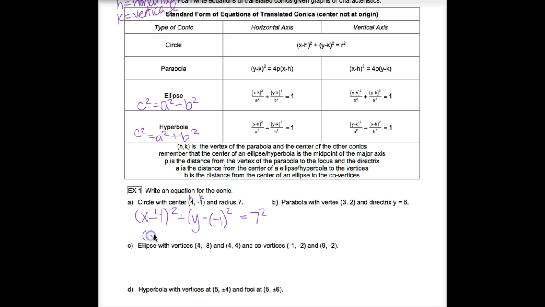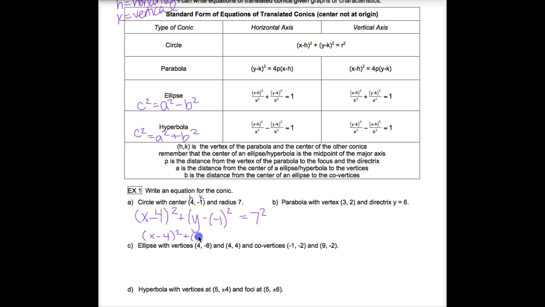So we're always going to write everything in simplest form. So x minus 4 squared plus y plus 1 squared equals 49 would be our final equation for that circle.